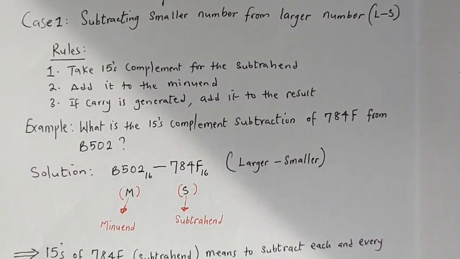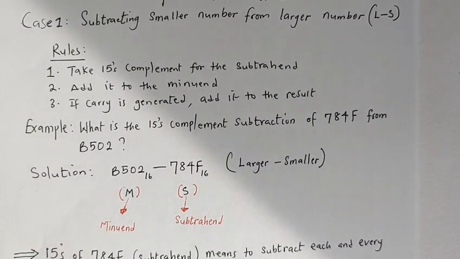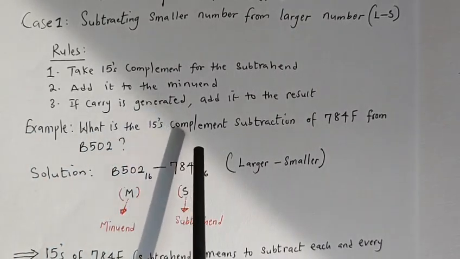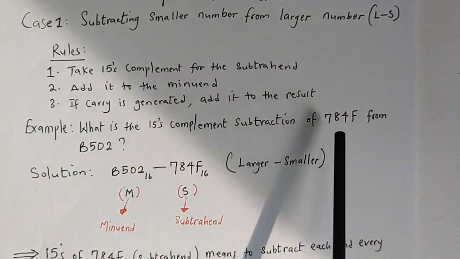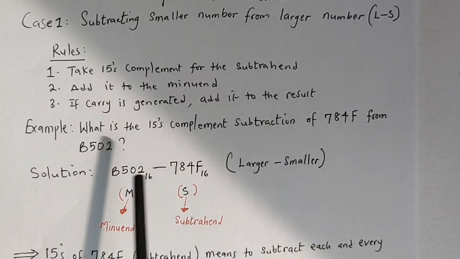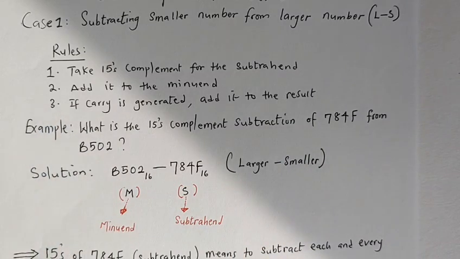Alright, so the first example says, what is the 15th complement subtraction of 784F from B502? Now the solution is going to be this.